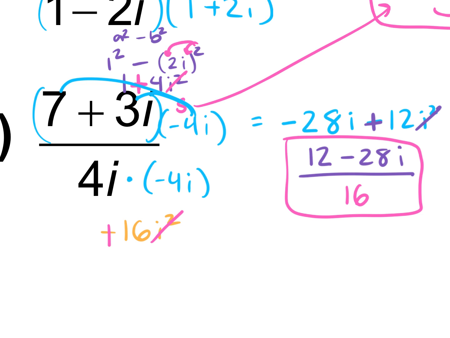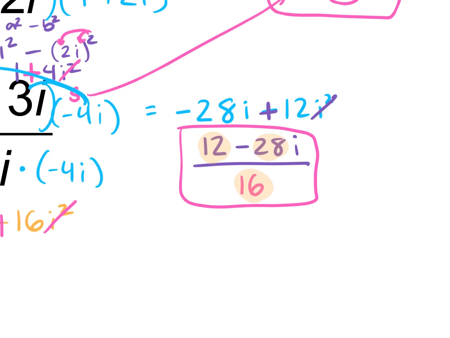Yeah. If we're going to simplify it, we need a common factor in all 3 of our whole numbers. What goes into both 12, 28, and 16? 4. So we can divide them all by 4. So this would be 3 minus 7i over 4.